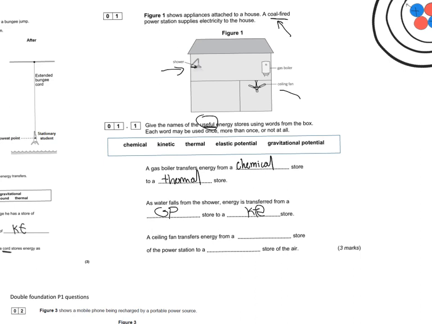A ceiling fan transfers. So now we're going to the third example in the house. Since the fan is supplied electricity from a coal-fired power station, again, the energy store is chemical, so from a chemical store, since it uses electricity, which is provided by a coal-fired power station, to the kinetic store of the air.